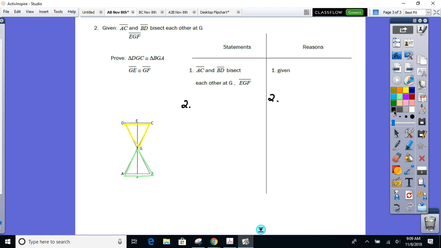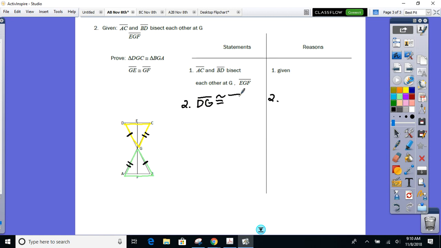All right, if they bisect each other now, which pieces are going to be congruent then? DG and, yep, and also CG and AG. Now, that is not a given. We just mark that on our diagram, so please make sure it gets into your proof.